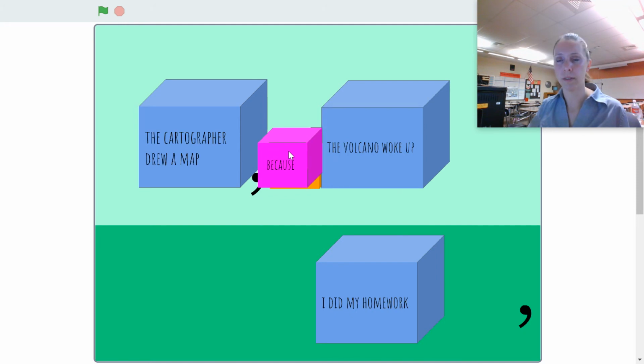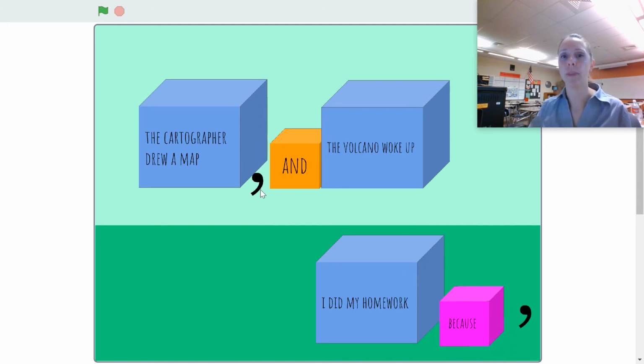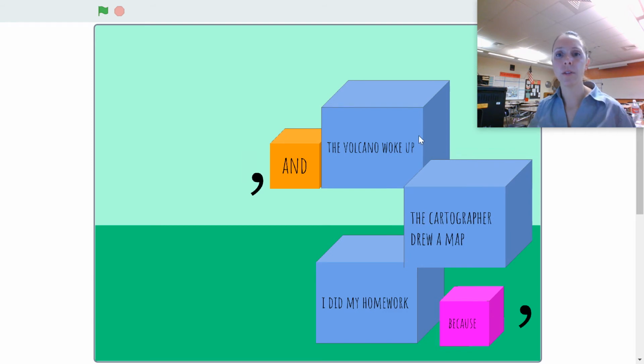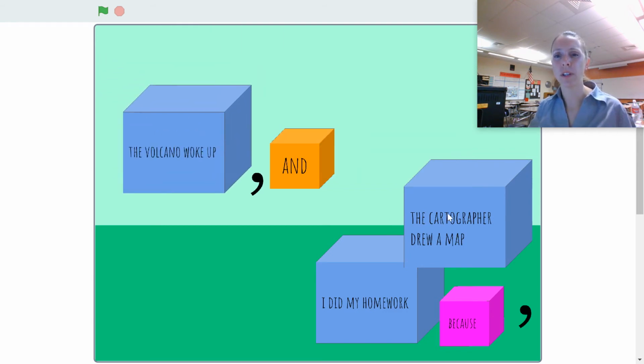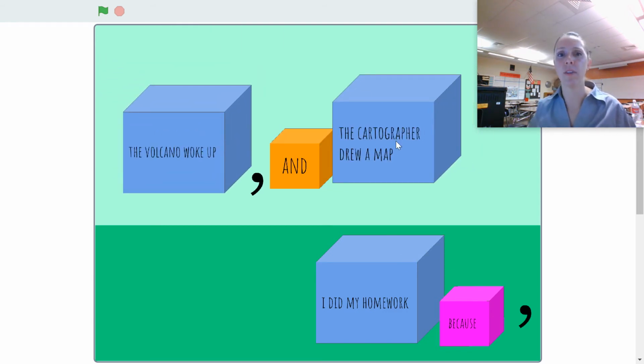Not when you have a subordinating conjunction. So one more time, a compound sentence has a fanboy and a comma to separate two independent clauses. And you know they're independent also because if you reverse the clauses, the sentence still means the same thing. The volcano woke up and the cartographer drew a map.